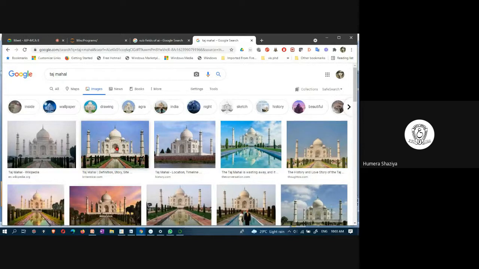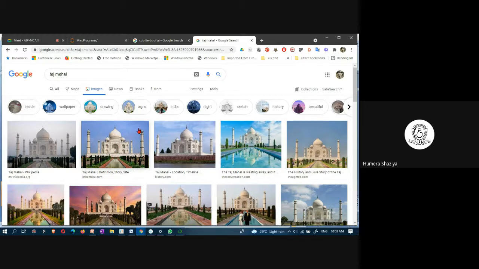Can a machine see? Nowadays machines are having cameras. They can see through cameras. Earlier it was very difficult for a machine to see. Now a lot of advancements have happened.